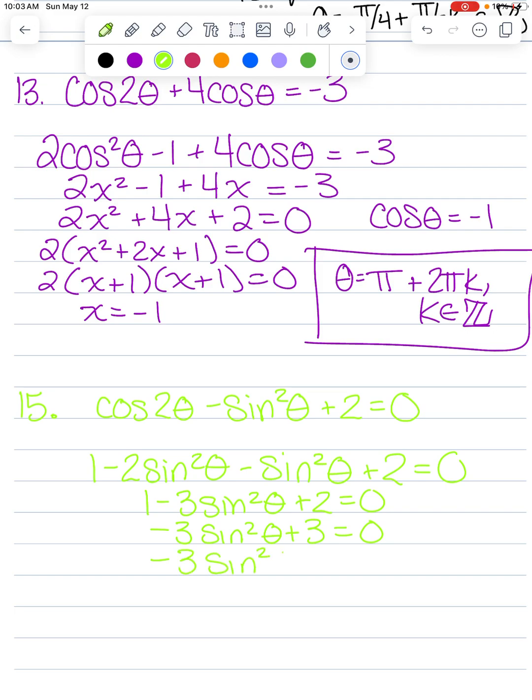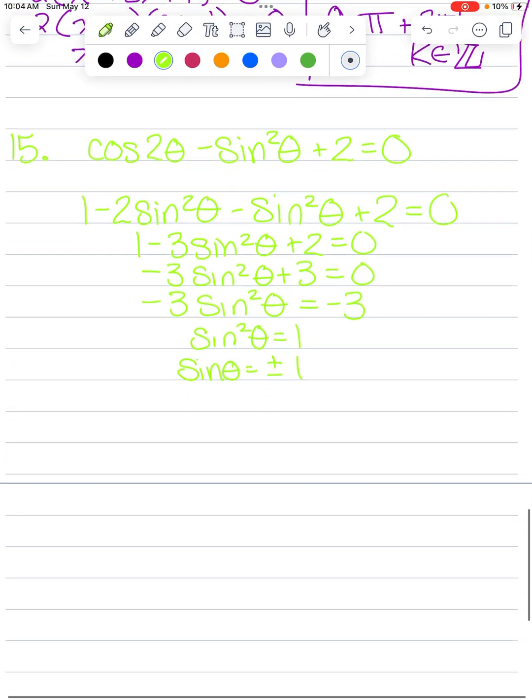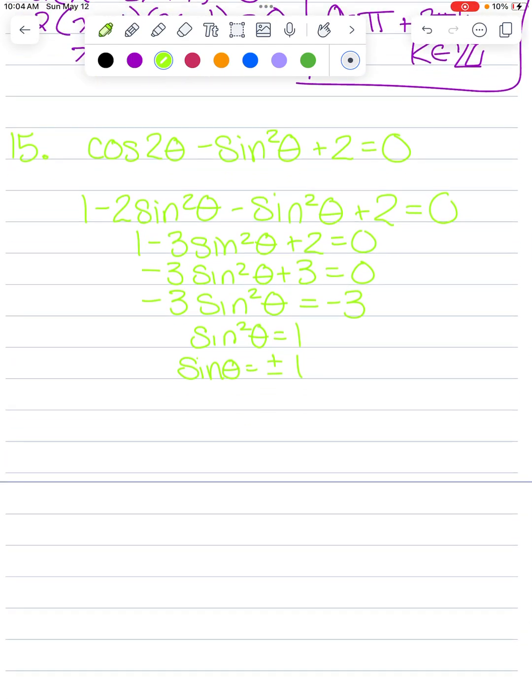Subtract the 3 from both sides. I get negative 3 sine squared is negative 3. Divide by negative 3. Sine squared is equal to 1. Take the square root, remembering you need positive and negative, and the square root of 1 is 1, so it's where sine is positive or negative 1.